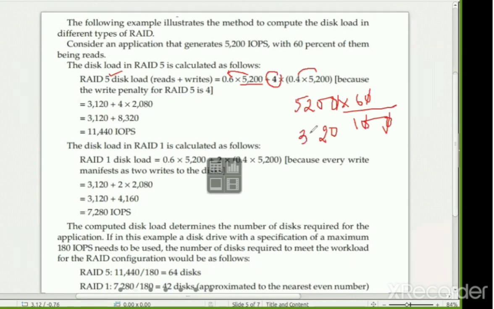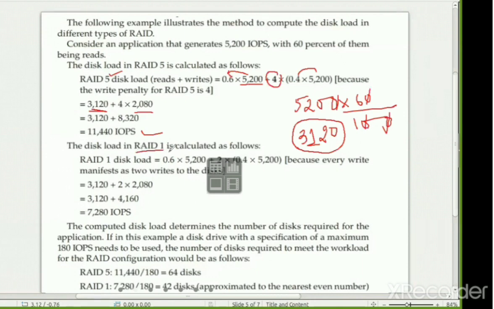So out of 5200, 60% means 3120 is reserved for the read operations. Now out of 5200, 40% is used for writes, which is 2080, multiplied by 4. This is the total input and output operations performed for RAID 5. In the same way we are going to calculate for RAID 1 also.